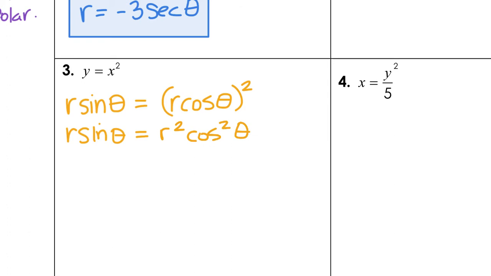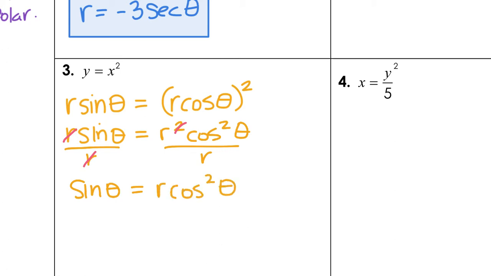So I'll tell you what, let's divide both sides by r. So that's going to cancel it out of the left side. So I'll just have sine theta. And on the right side, it's not going to be squared anymore. It's just going to be regular r. Okay, so now the r is only on the right side.